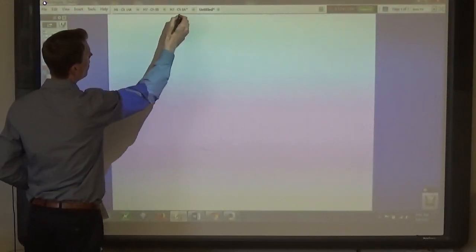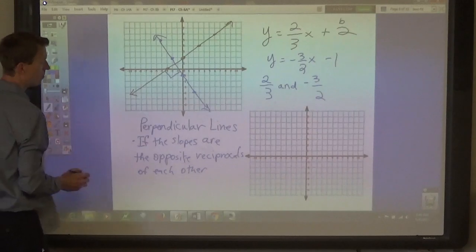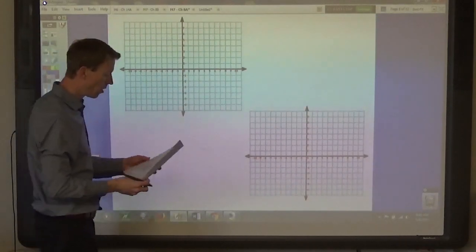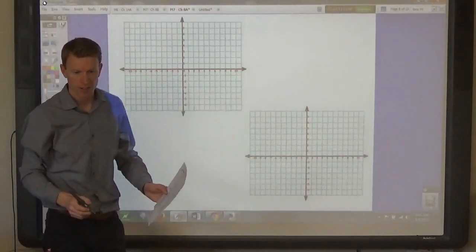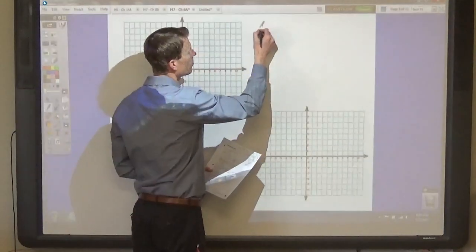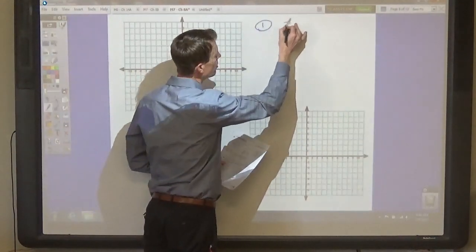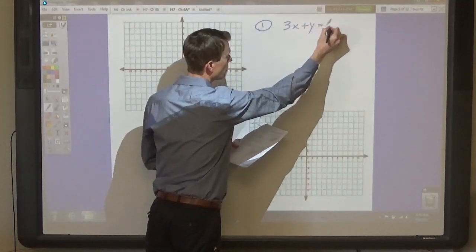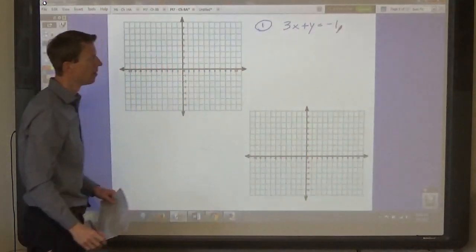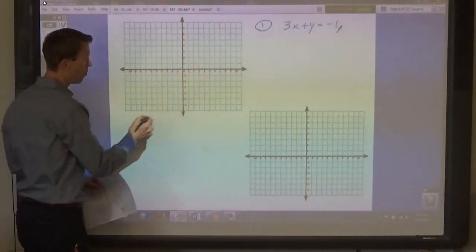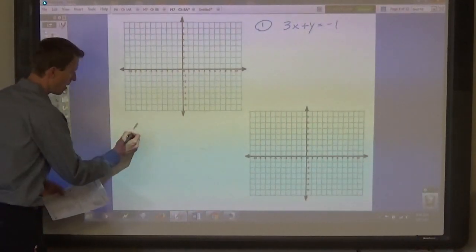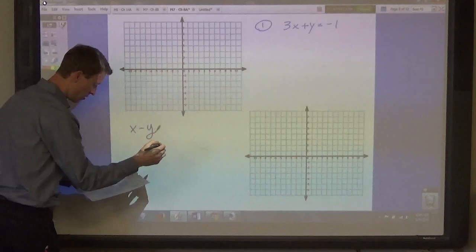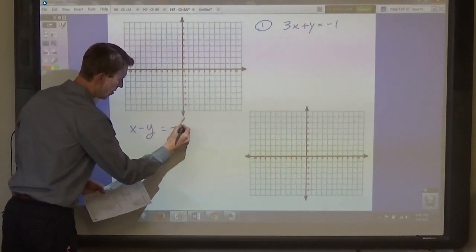So we're going to have to graph them first. And we're going to look for a point of intersection. So number one, we're given two equations. 3x plus y equals negative 1. And we'll put the other one over here. X minus y equals negative 3.